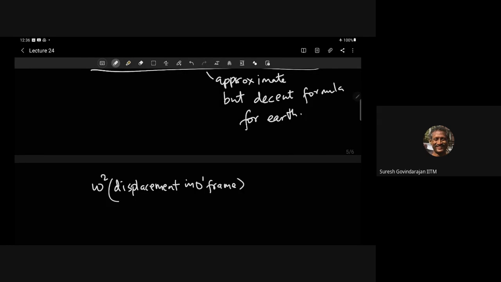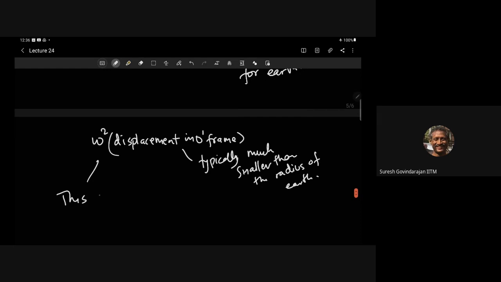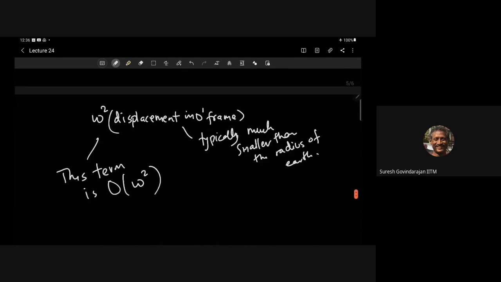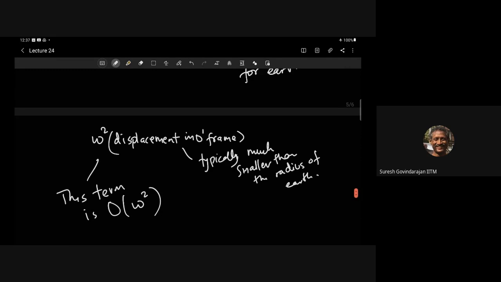But the displacement in the O prime frame is typically much smaller than the radius of Earth, so it's small compared to G. So this term is also there, and it is of order omega square, is what I want to say. This is just to estimate what this term is doing.